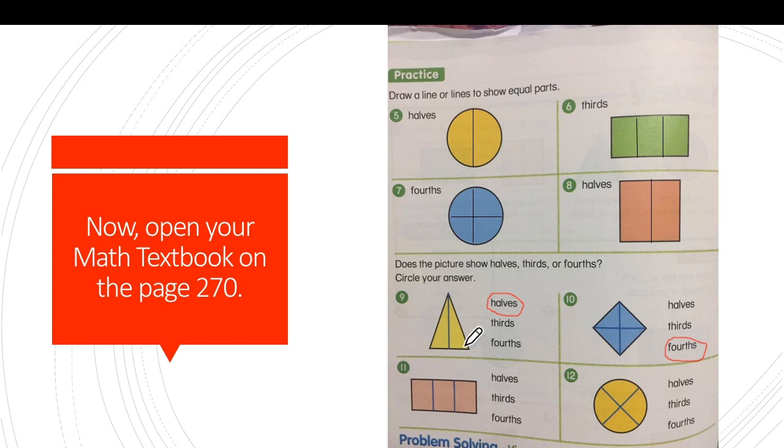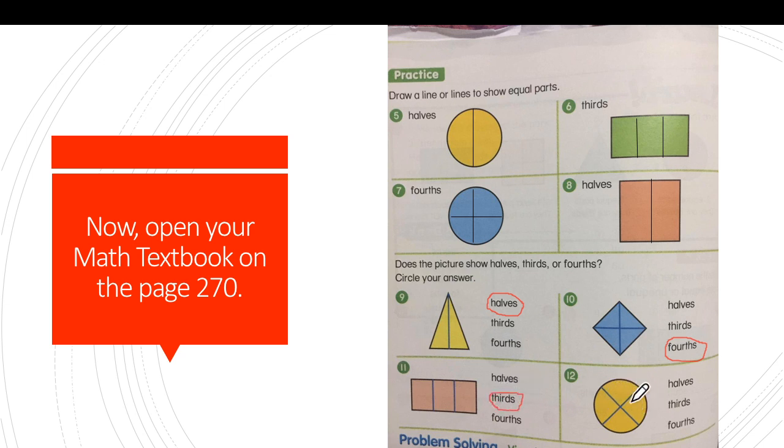Not difficult. We have a rectangle. How many equal parts do you see? I see one, two, three. Three equal parts. What do we call three equal parts? Do we call them halves or thirds or fourths? We call them thirds. Very good.